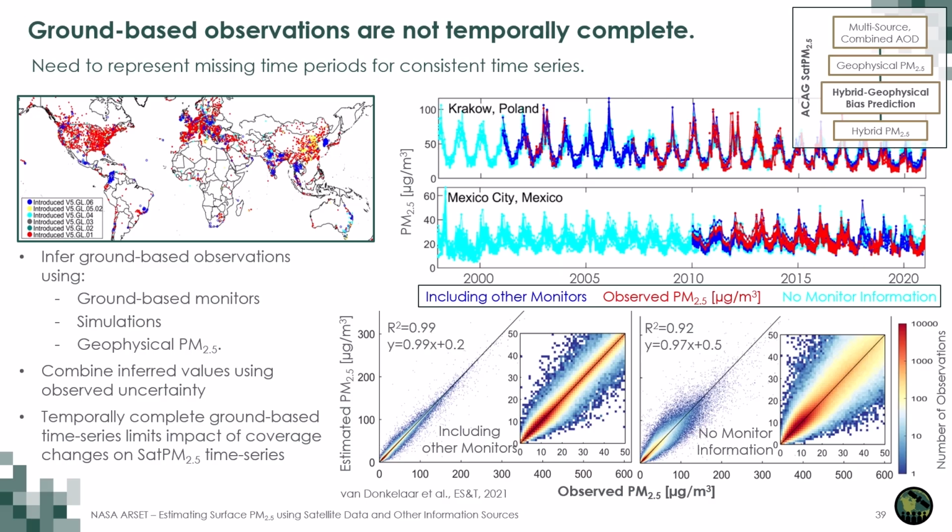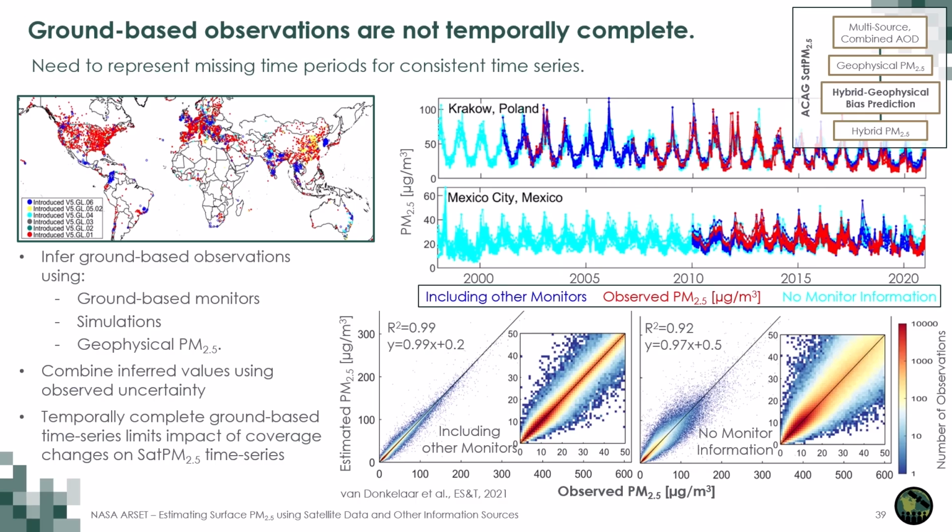You can see the overall agreement between the inferred and observed PM2.5 on the lower scatter plot shown here, with the left-hand panel showing the agreement when other ground-based monitors are included within the inference calculations, compared to the right-hand panel, which showed the agreement when based strictly on geophysical and simulated PM2.5.